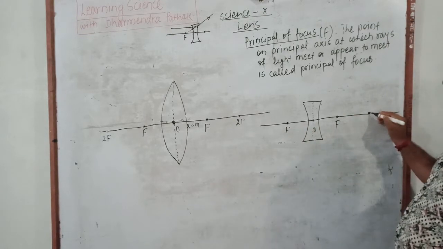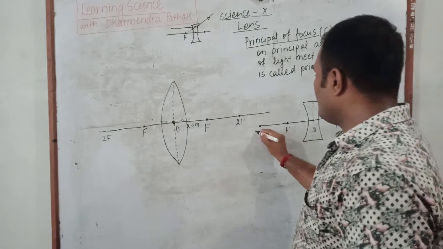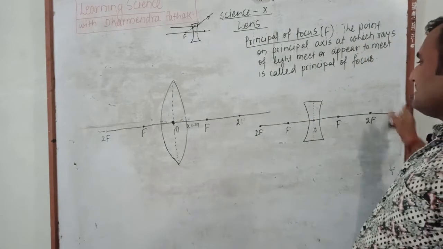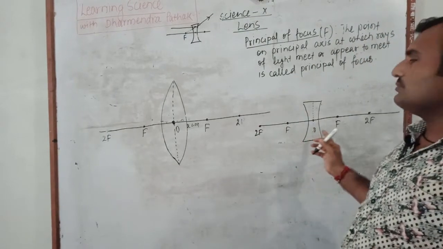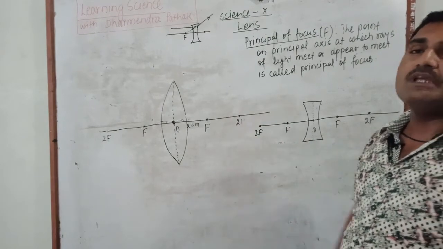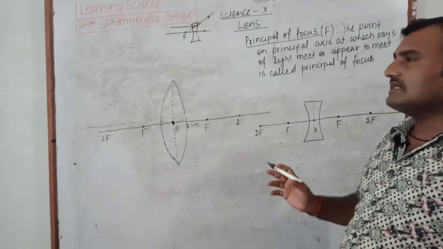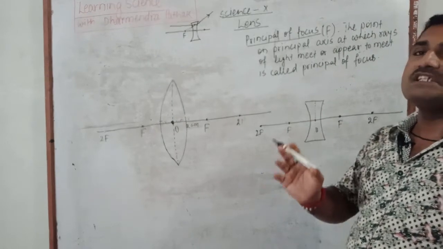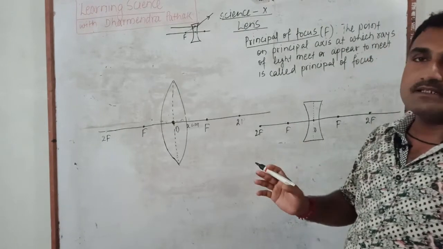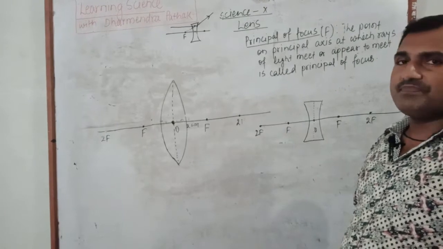Double of principal focus, 2F, on both sides. And when we draw the basic terms related to ray diagram, then further we can draw ray diagrams related to convex lens and concave lens, which give accurate position of image and object, nature of image and its magnification.